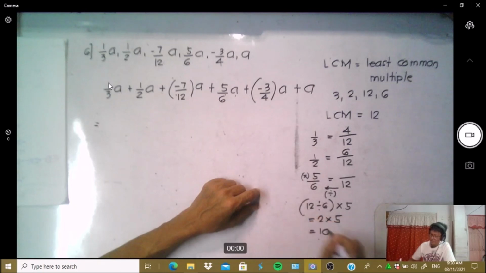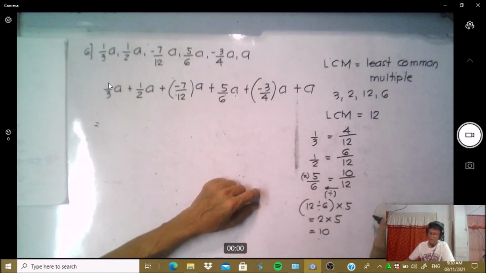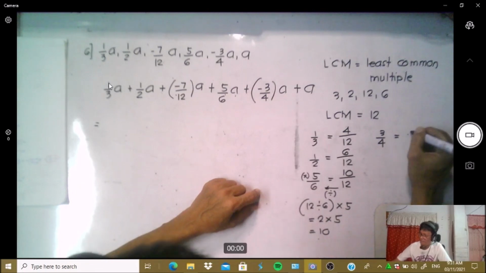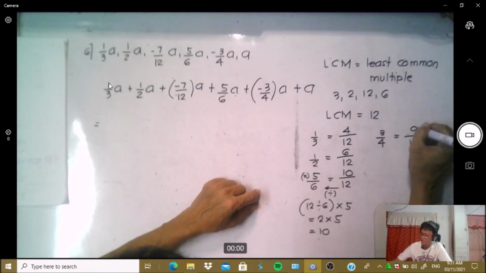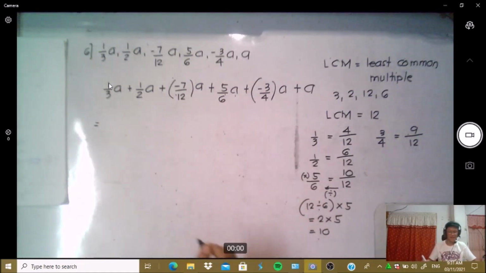Meaning to say that our numerator should be 10. That is for 5/6. And for 3/4, the LCD is 12. 12 divided by 4 is 3, times 3 is 9. So these are the equivalent of those fractions.